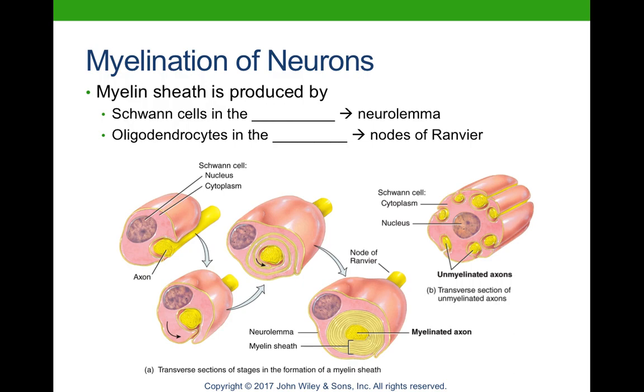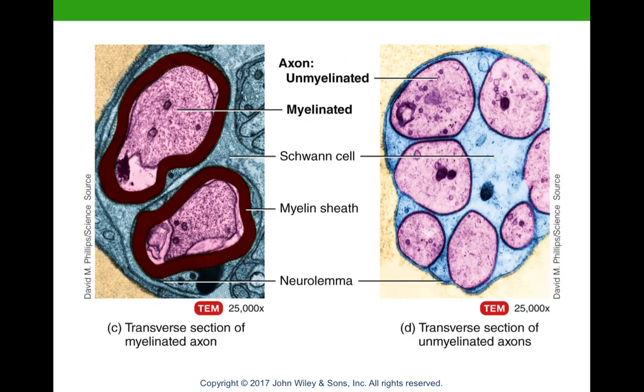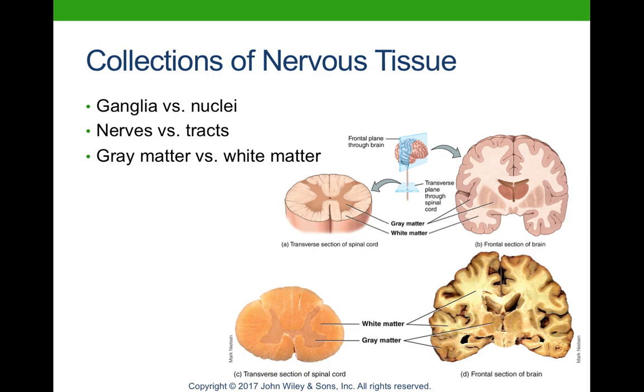Collections of nervous tissue include several structures here. We have clusters of cell bodies that will be ganglia and nuclei. Ganglia will be located in the peripheral nervous system, while nuclei are collections or clusters of cell bodies in the central nervous system.